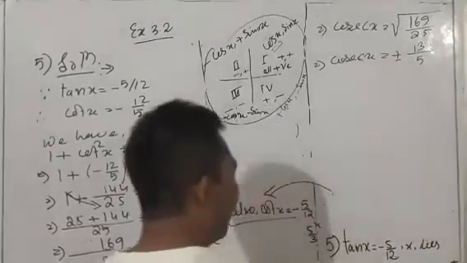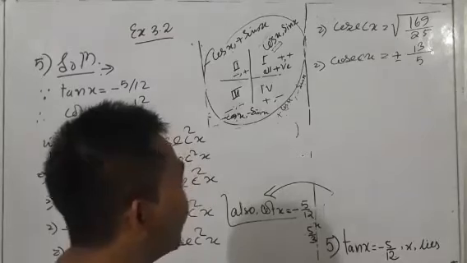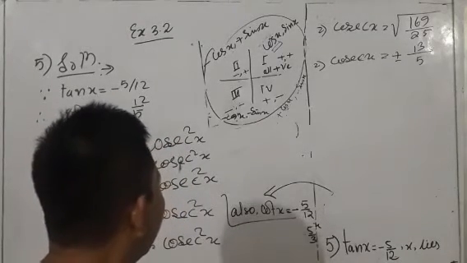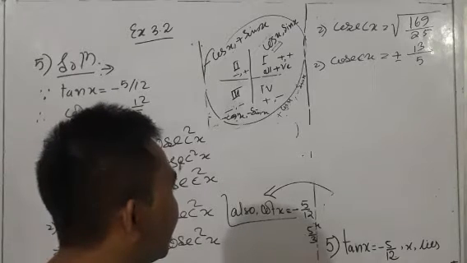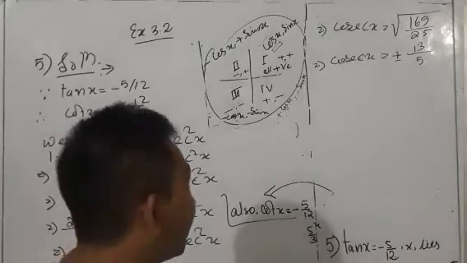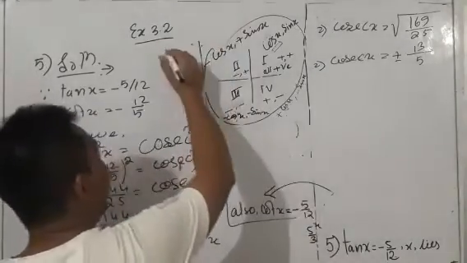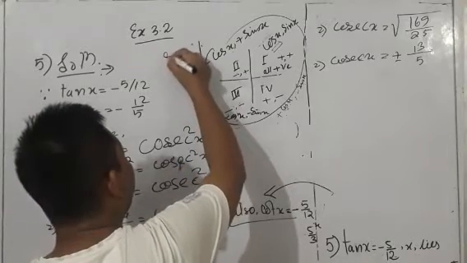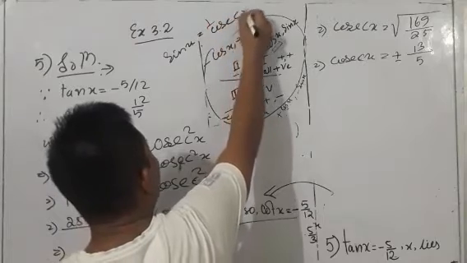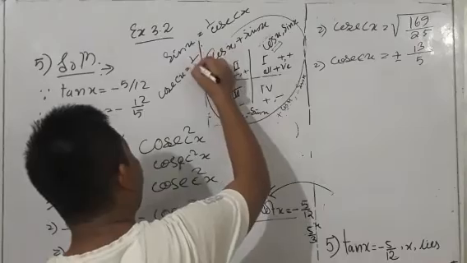Now, what is it talking about? x lies where? In the second quadrant. Now you see, we know that sin x equals 1 by cosec x, and cosec x equals 1 by sin x.